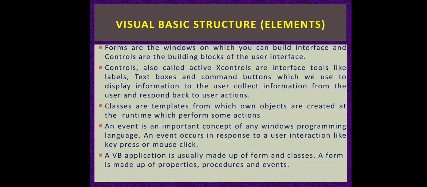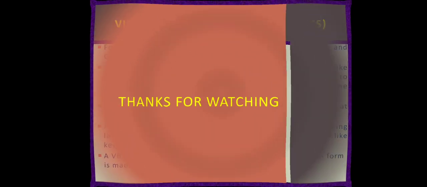So these are the basic concepts behind the Visual Basic programming language. In the next chapter, we will discuss control statements. That is, if we design a program, if we want to take decisions, or if we want to repeat some statements in Visual Basic, we will discuss those things in the next topic.